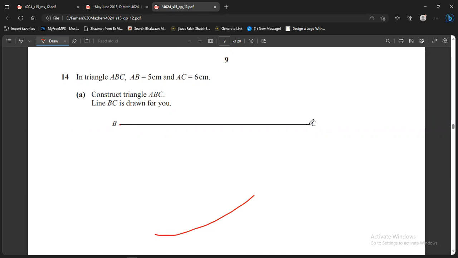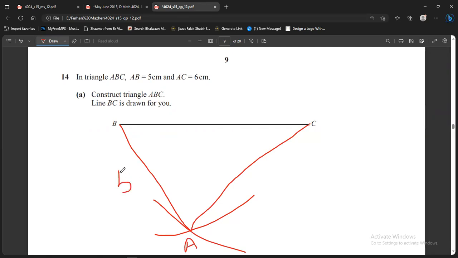I will open the compass 6 centimeter and take C as the center and draw this arc. Where these arcs intersect, I will join this point with B and with C. And this point will be my A point. This is a 5 centimeter long arc and this is a 6 centimeter long arc.